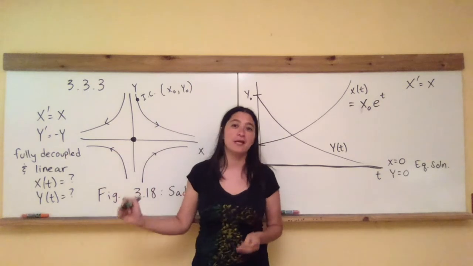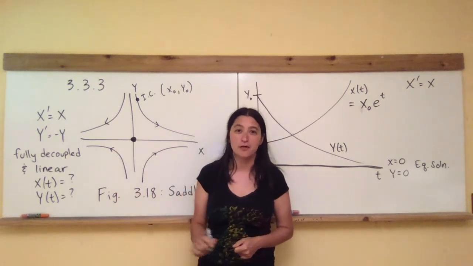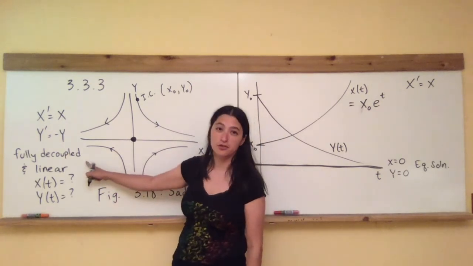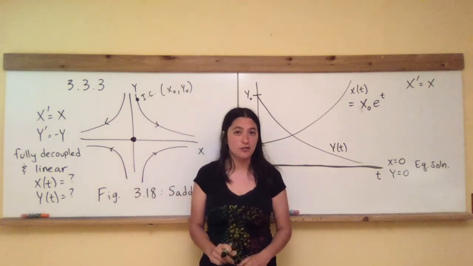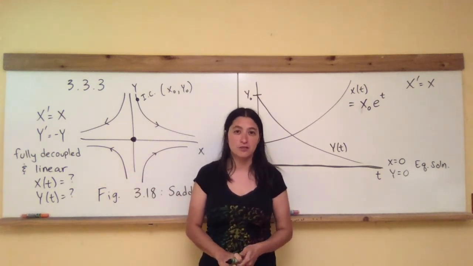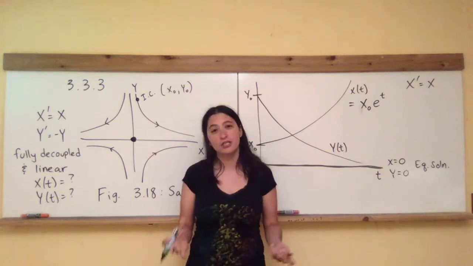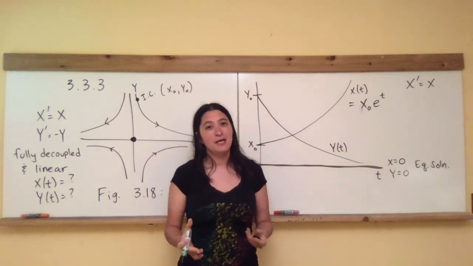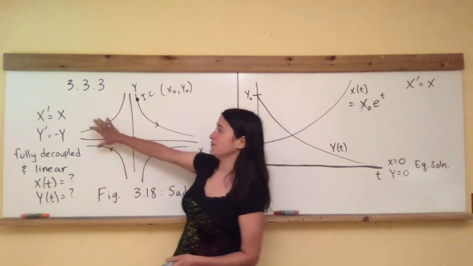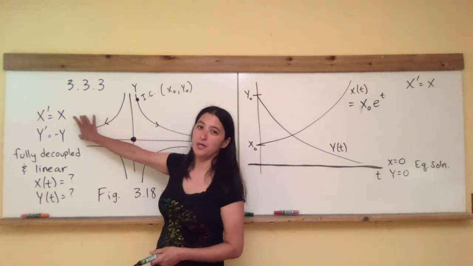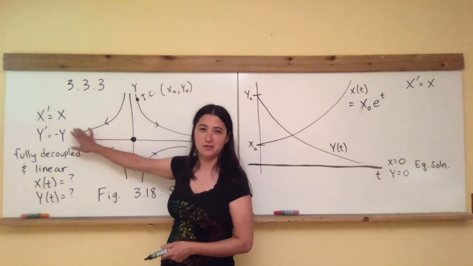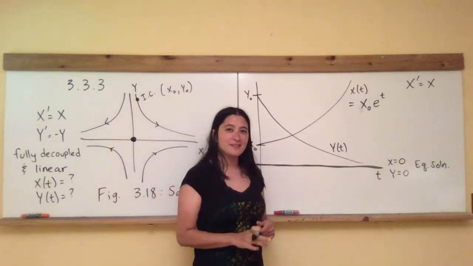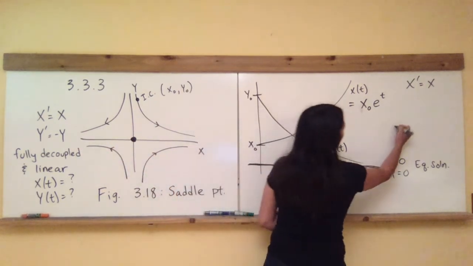The only reason I'm able to do that for this particular example is because it's fully decoupled. So x only depends on x, y only depends on y. That's not usual for a two-dimensional system. But it's a good review of one-dimensional systems, because really, since it is fully decoupled, we just have two one-dimensional systems. X is just listening to x, y is just listening to y. Lucky us, so we get to review one-dimensional rate equations.